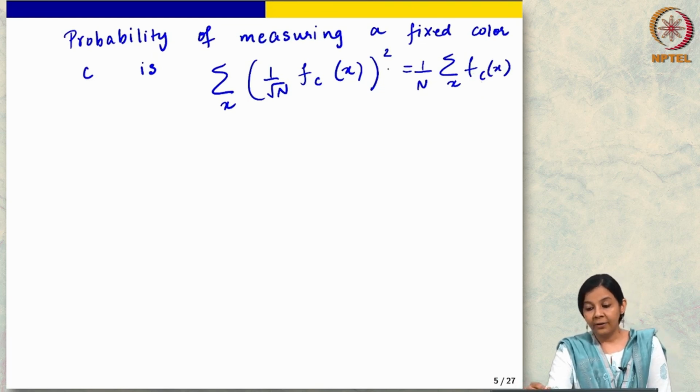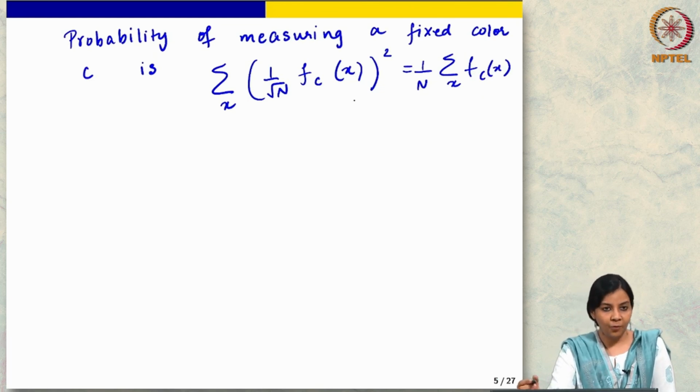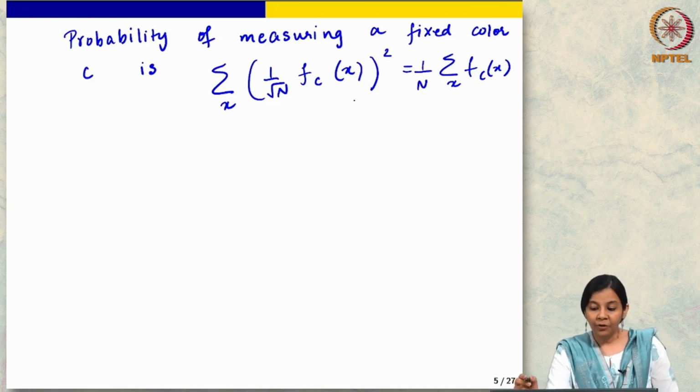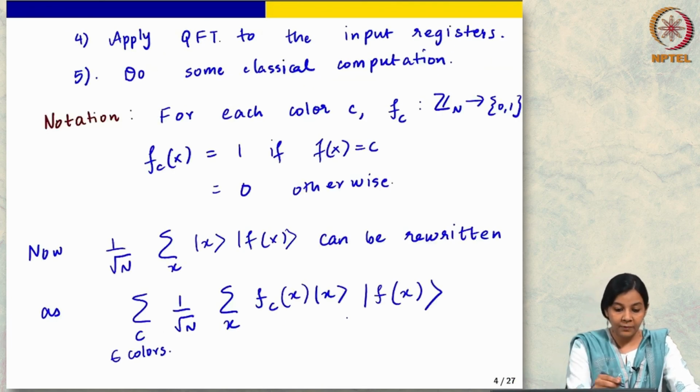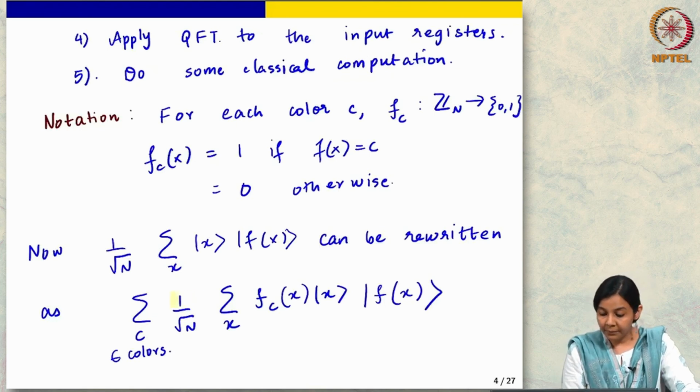Why can I get rid of the square? Because this is a 0-1 function, so the square and the function are the same. This is the probability of measuring a fixed color, just using the equation that we got.